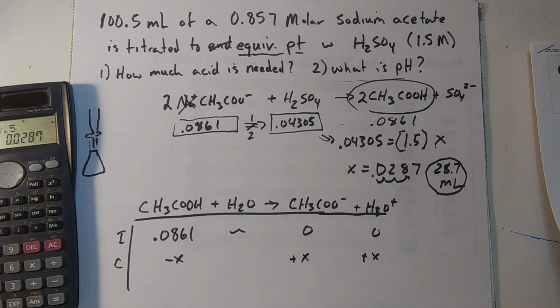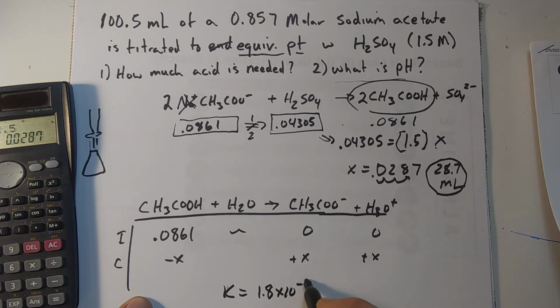And now you can kind of see the law of mass action starting to come into play. I can say K for acetic acid, I think it's about 1.8 times 10 to the minus 5th.